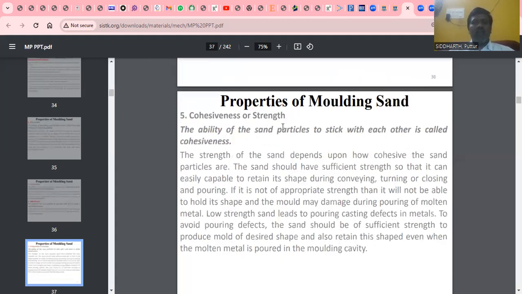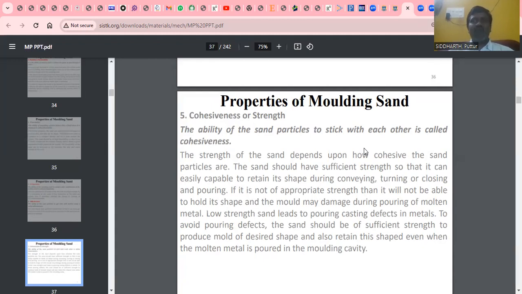Now, one more property is cohesiveness or strength. What is meant by cohesiveness? It is the ability of the sand particles to stick with each other, so one sand particle must stick to another. If the cohesiveness property is there, all these particles stick to one another and finally the strength of the mold increases.